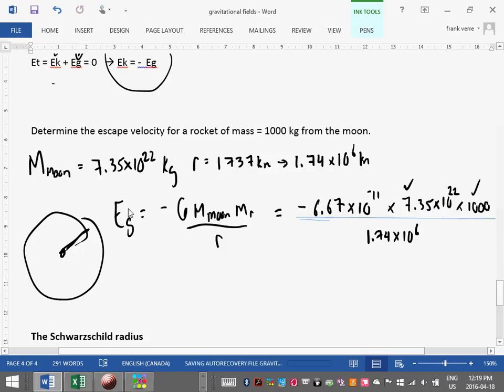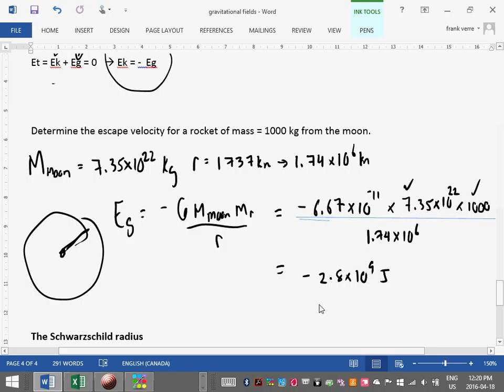So what's the energy of the rocket at that point? How much energy does it have? 2.8 times 10 to the 9?